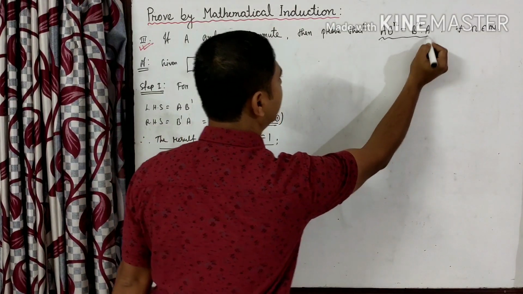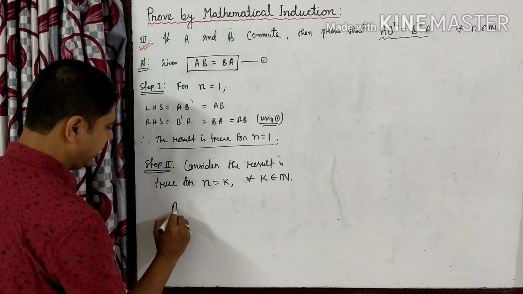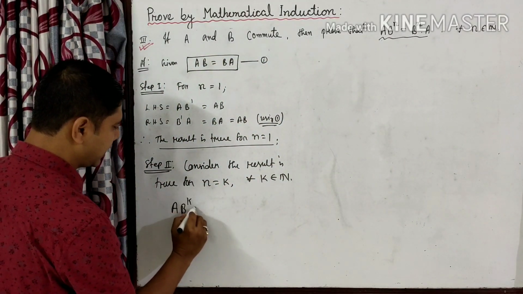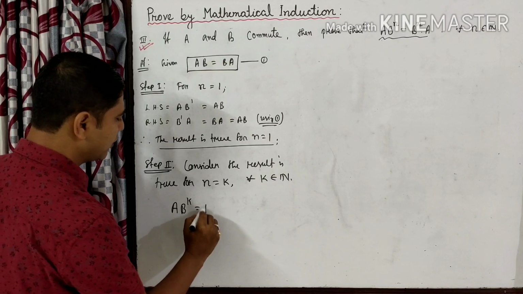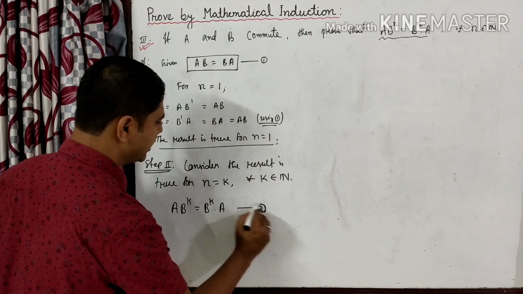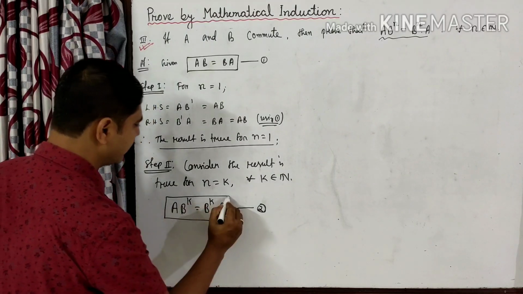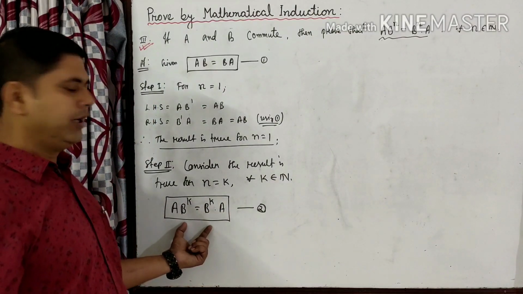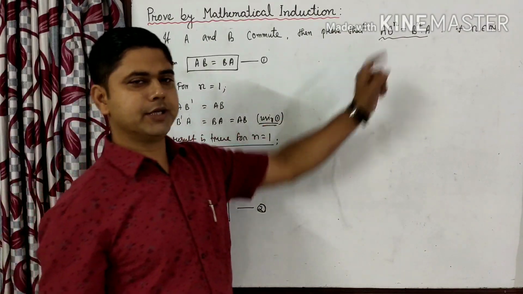From this result, you have A into B to the power k is equal to B to the power k into A. This one we call equation 2. We will use equation 2 with the help of this one.